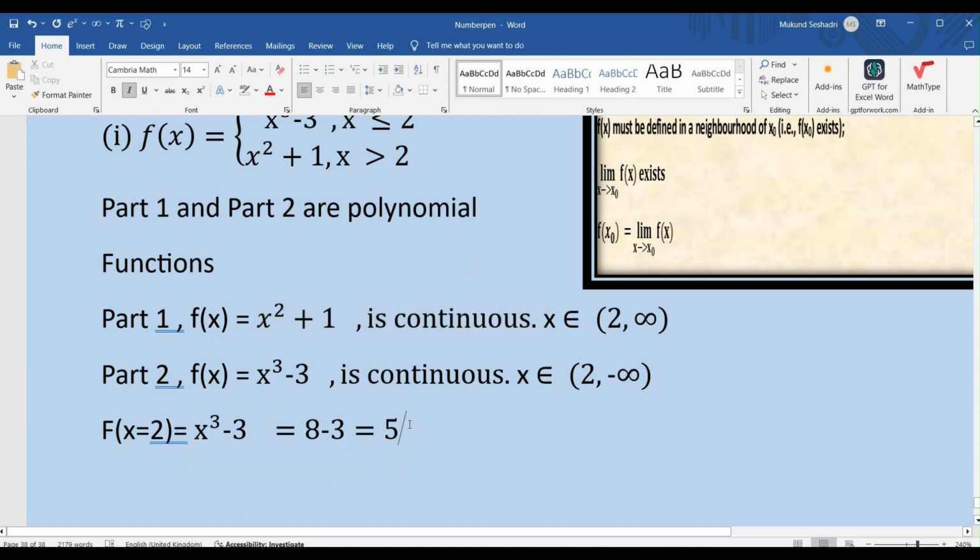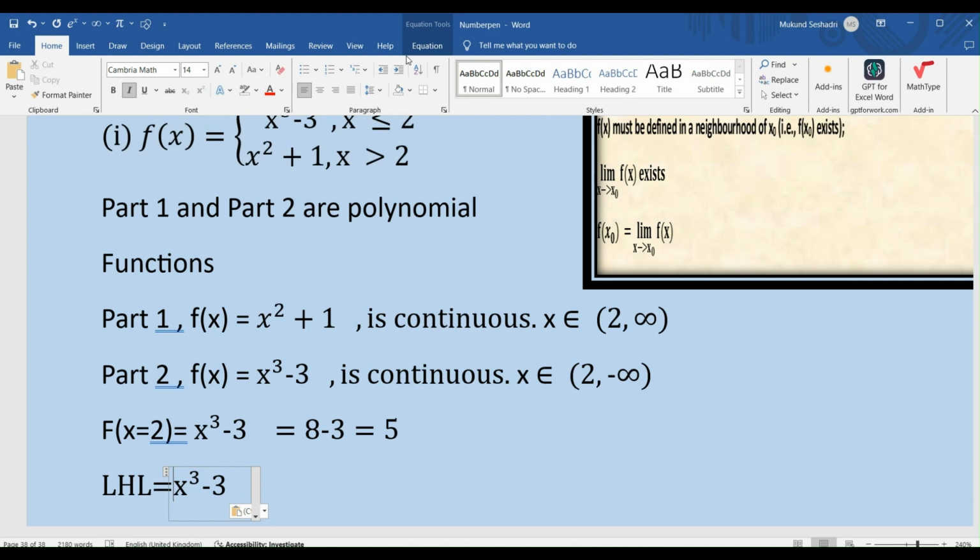And then we are left with calculating our LHL and RHL, right? So let's do that. What is our LHL? We are approaching 2 from the left, right? And what is the function it will take? It will take x cubed minus 3, right? So let's write that.